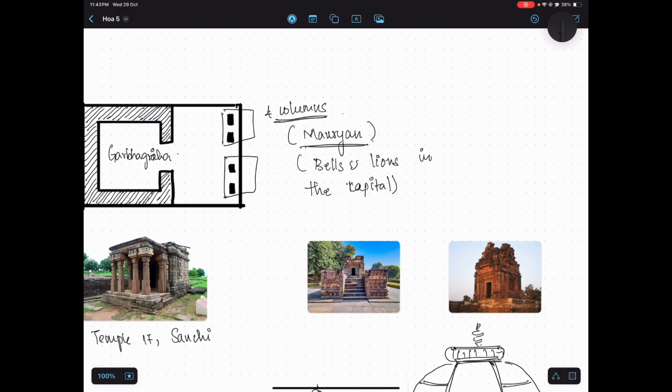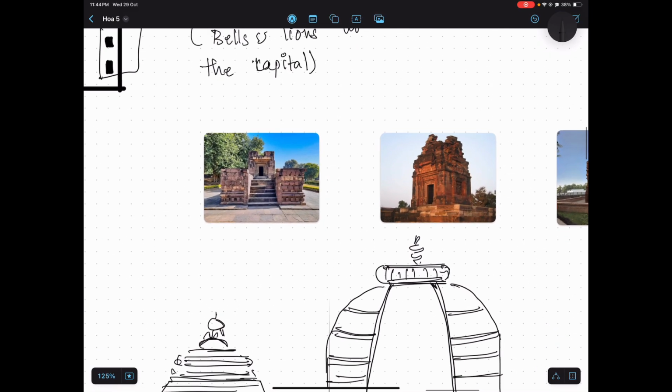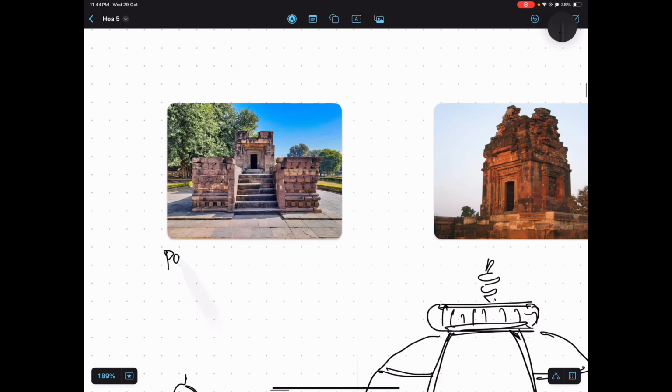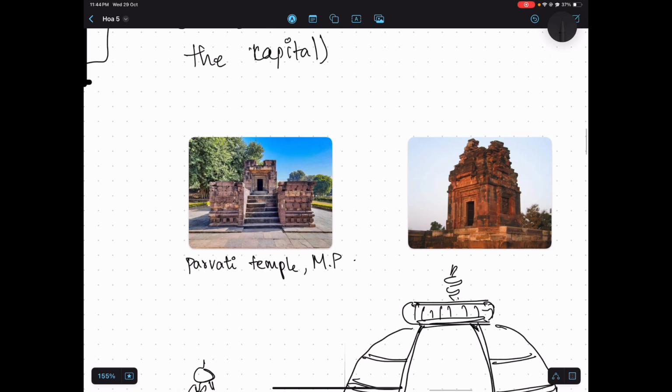Then the later stage is, you can find an example of that in Parvati temple. Parvati temple is present in Madhya Pradesh, MP. At this stage, I'm talking about stages.